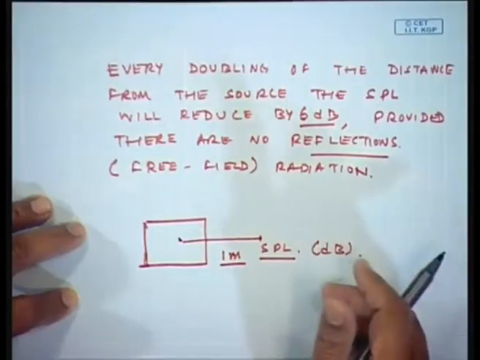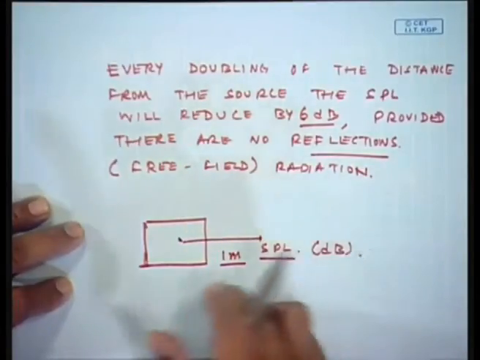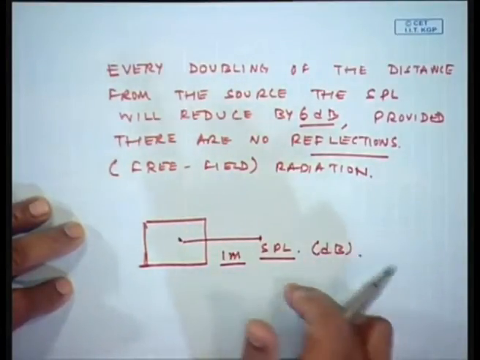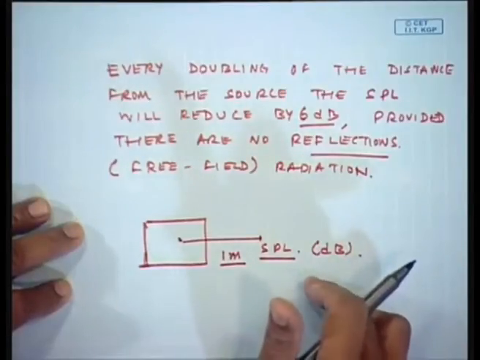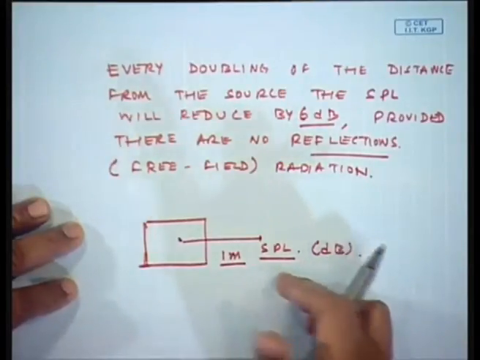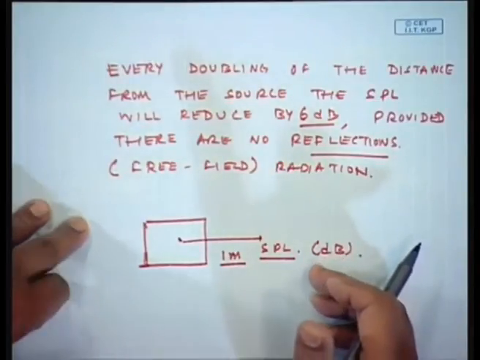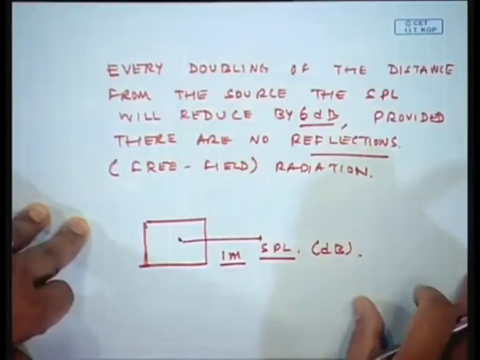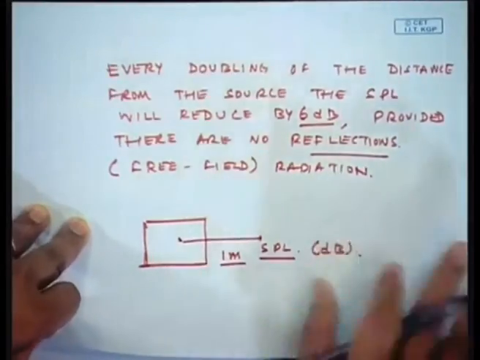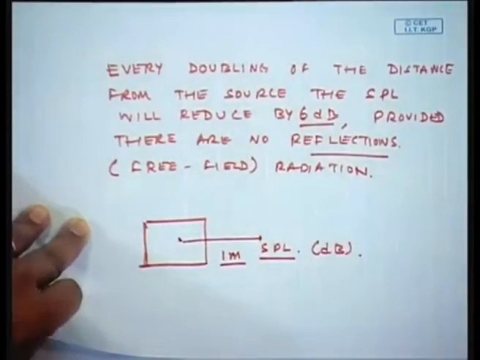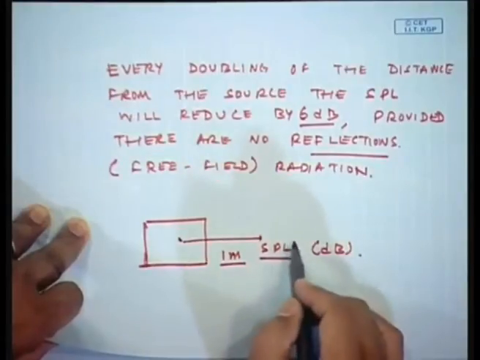The reason you will see later on in the field of acoustics why they prefer this 1 meter is that in free field conditions, whatever is the SPL in decibel, that same would be the sound power level, because the radius should be 1. So, I will not go into the details of sound power and sound pressure level, but provided there are no reflections.